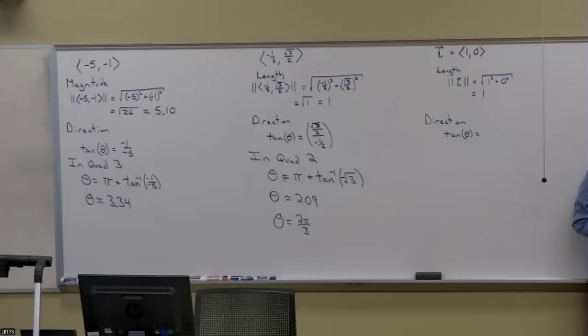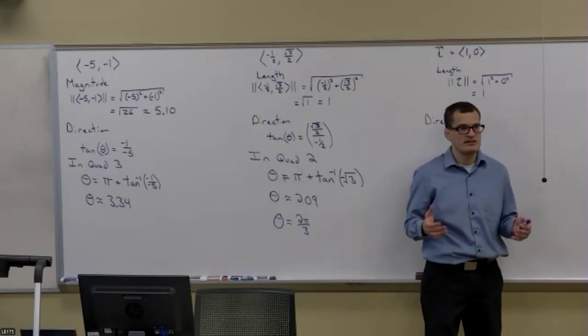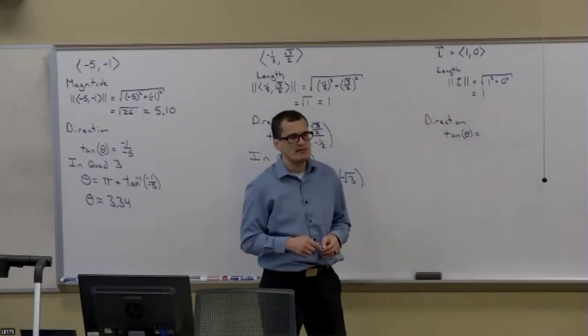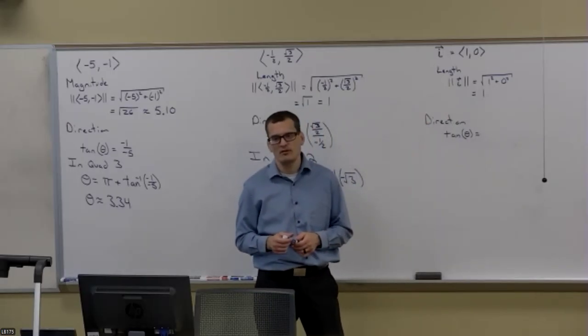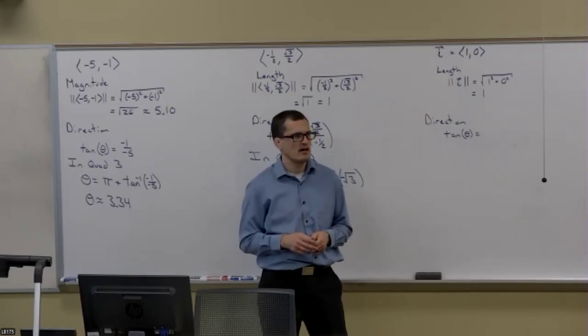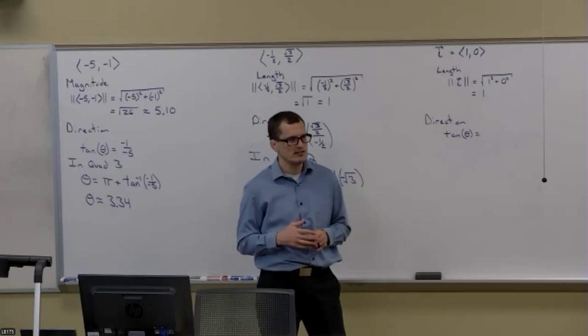So, like in our previous one we had earlier, we had 0, 8, which had a length of 8. Here we have 1, 0, which has a length of 1. If I started with -4, 0, length would be 4. Pretty straightforward, right? If all of the other entries are 0, then the length of the vector is just the one non-zero entry in absolute value.